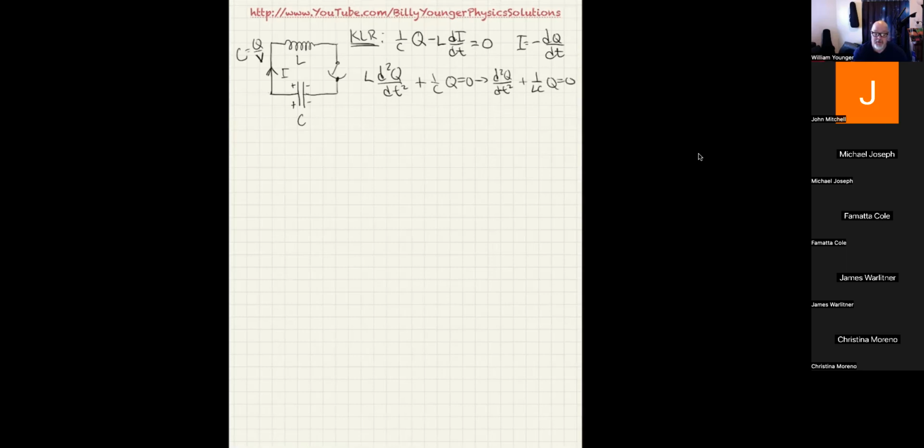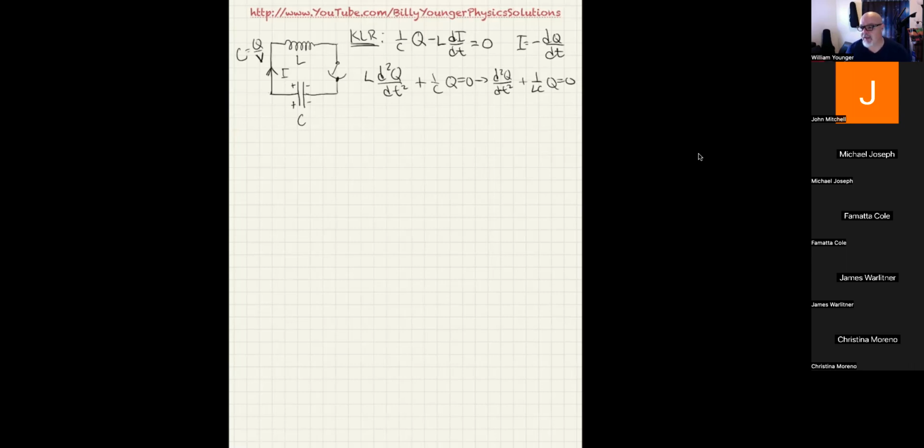Now, the reason I put it this way is that it looks more like the harmonic oscillator differential equation when you only had F equals kx. The summation of forces is equal to mass times acceleration, m d2x over dt squared, and kx was negative on the opposite side.